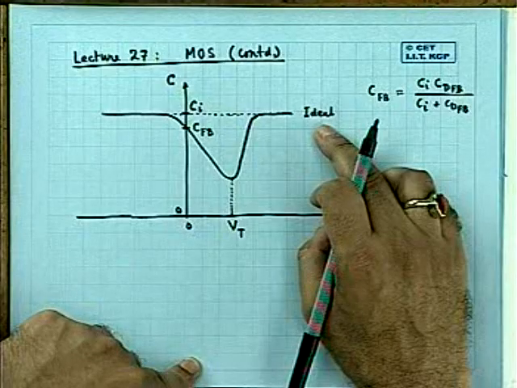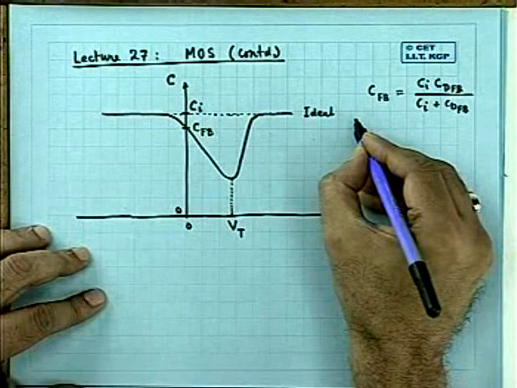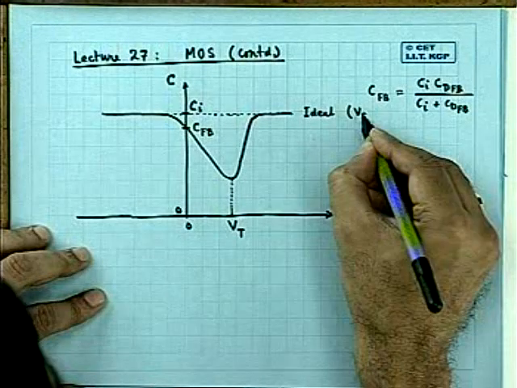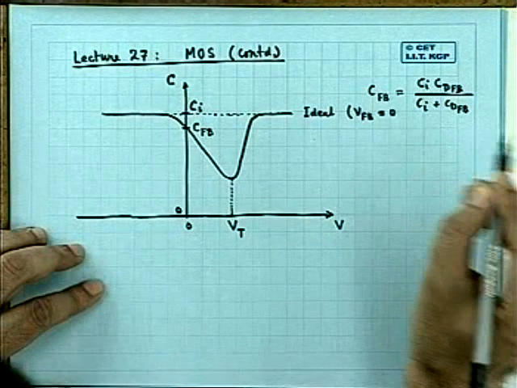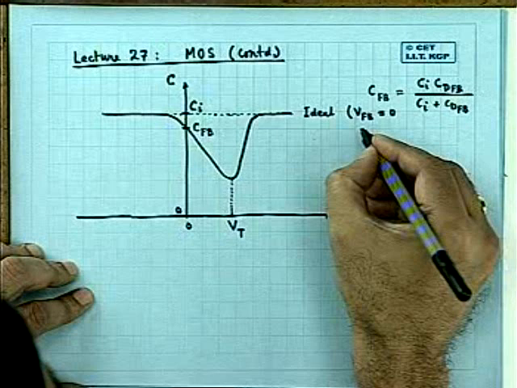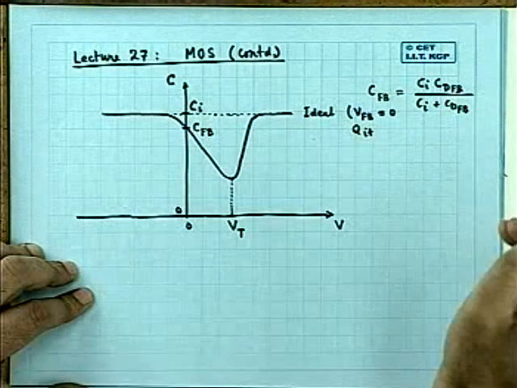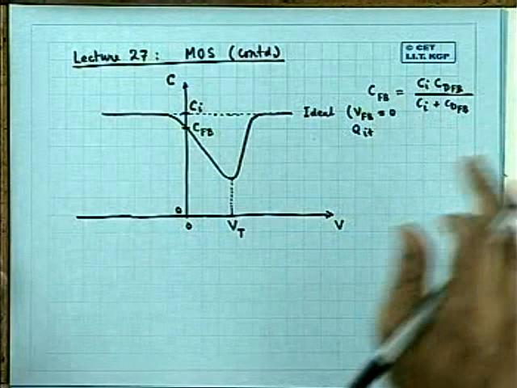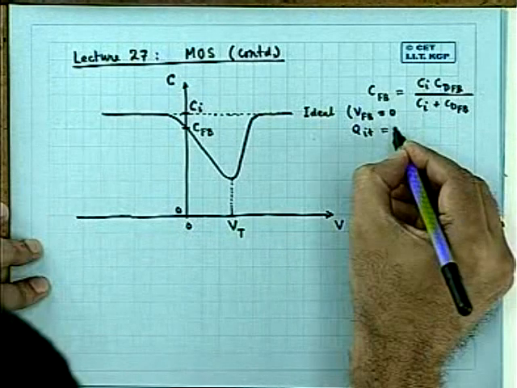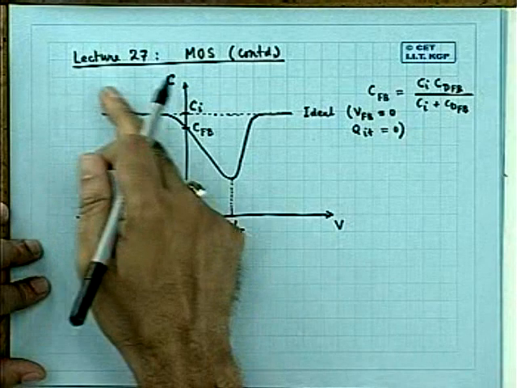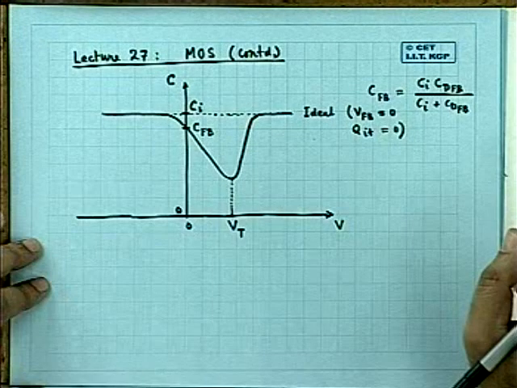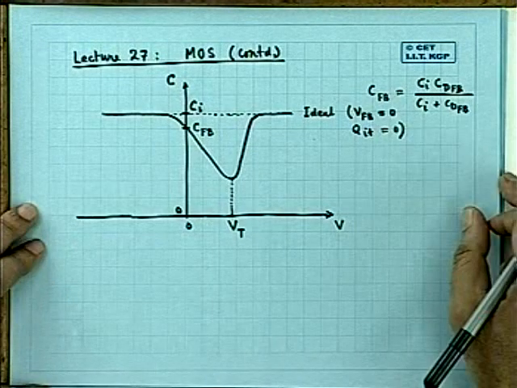So the flat band approximation has been applied while plotting this curve. That means we have assumed VFB is equal to 0, and also the interface charge per unit area, which we shall discuss separately, is also 0. Under this condition, we get this ideal plot. This is known as the ideal CV plot of a MOS capacitor.